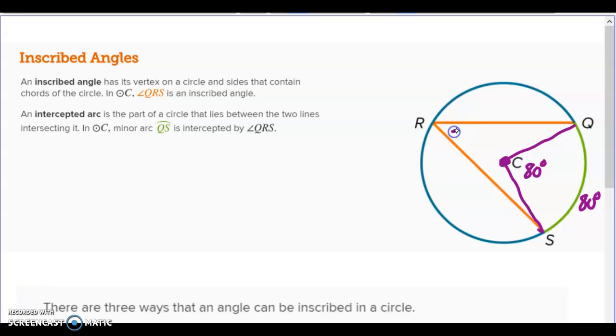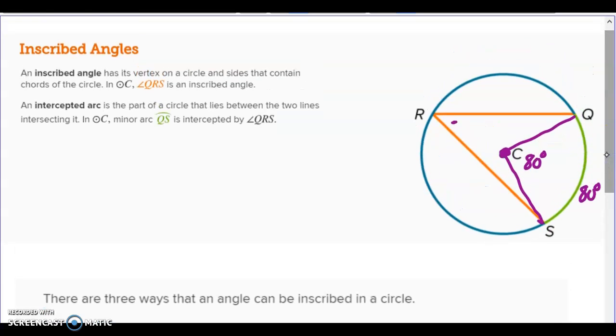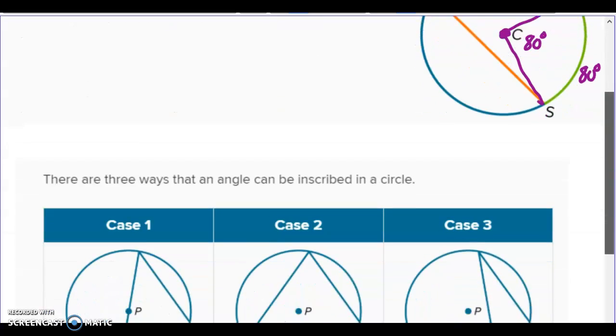Now, does this angle right here look like 80 degrees? No, okay? So the rule is that the angle is half of the arc. So if 80 is the arc here, this angle here would be 40, okay? So the central angles are the same, the inscribed angles are half, okay?